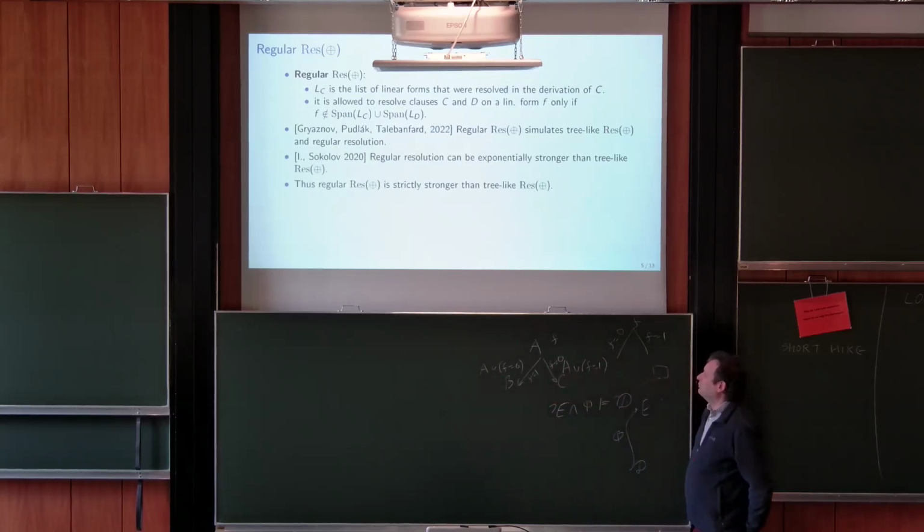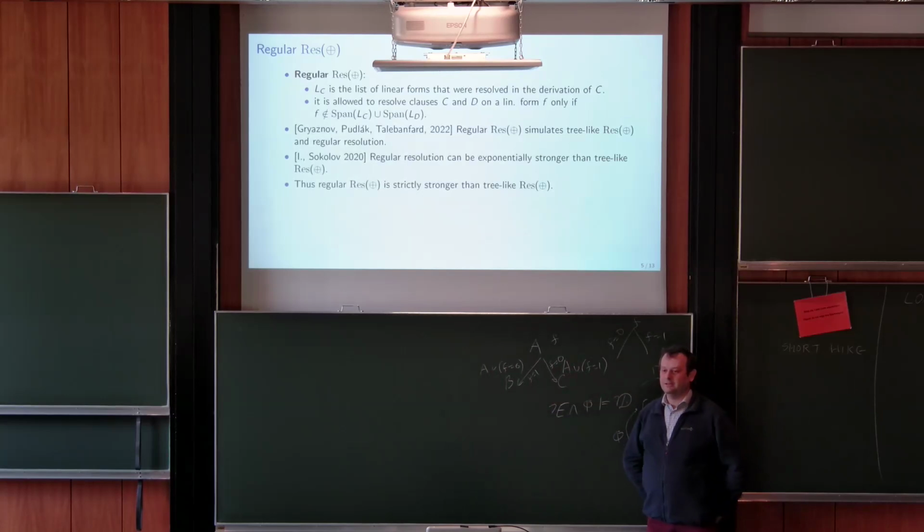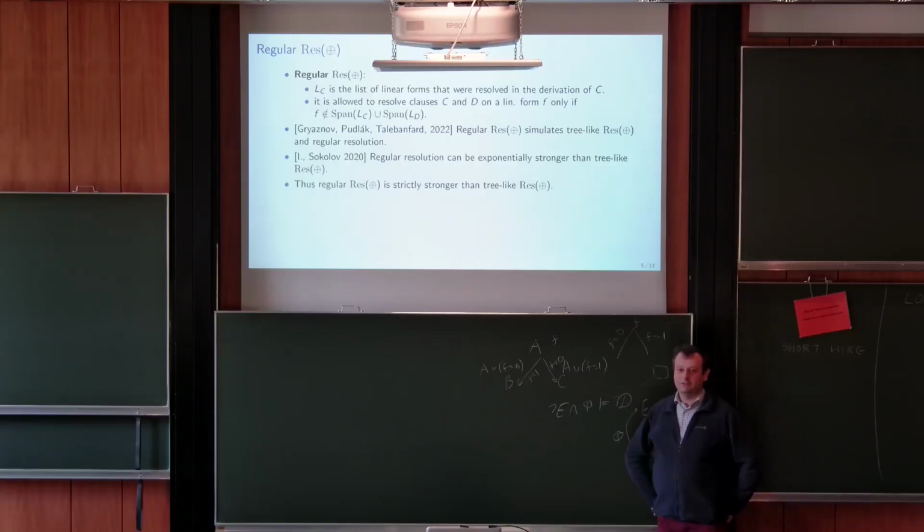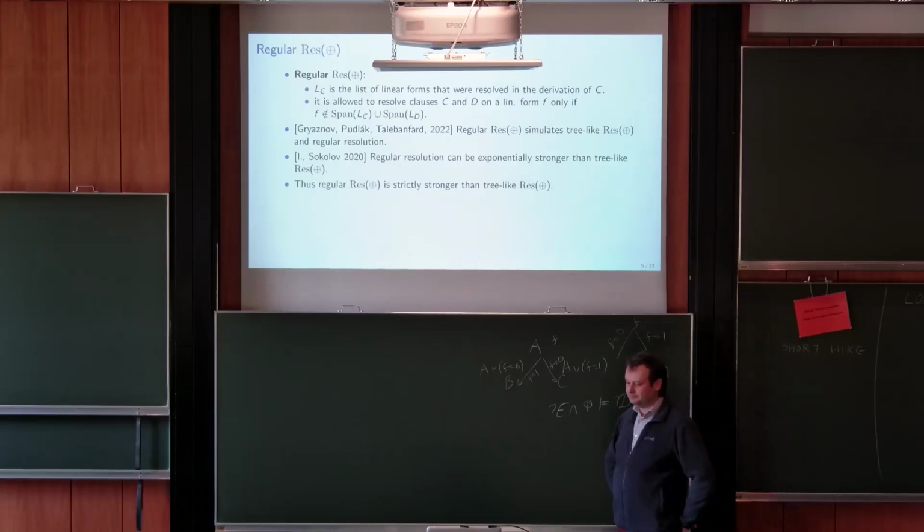It is not hard to show that regular resolution of parity simulates tree-like resolution, and it is straightforward that it simulates regular resolution. And it was known before that plain regular resolution can be exponentially stronger than tree-like resolution of parity. Thus, this proof system is strictly stronger than tree-like resolution of parity.